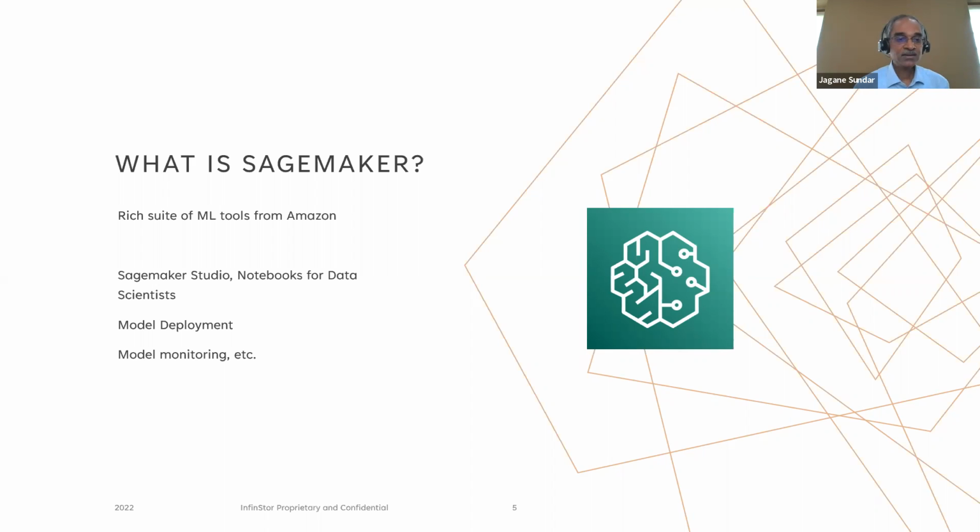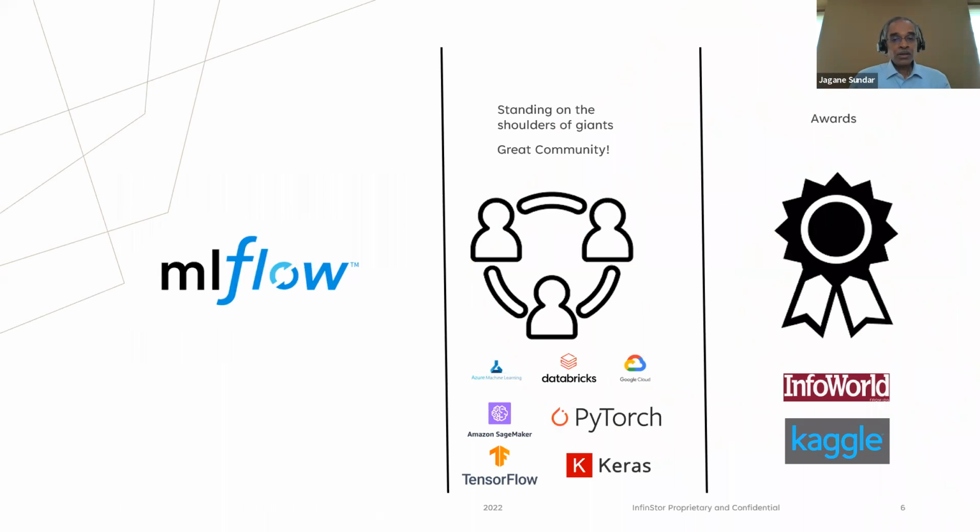So it's no surprise that model deployment using Amazon SageMaker into VMs and containers inside VMs is very, very well thought out and really nicely done. Model monitoring, etc., are also capabilities that are available in SageMaker, although we won't be looking at that particular capability today.